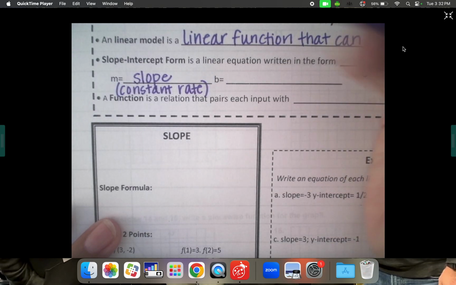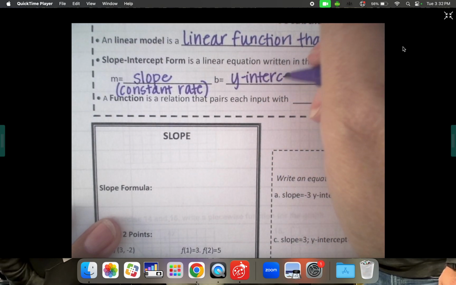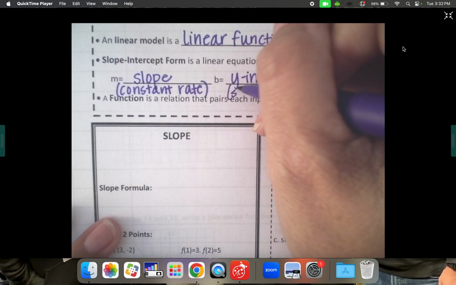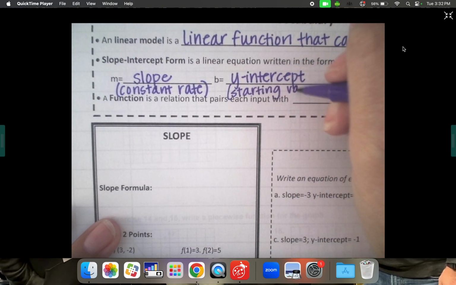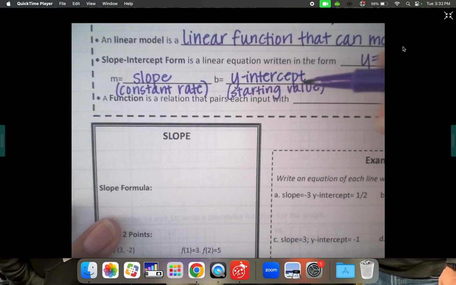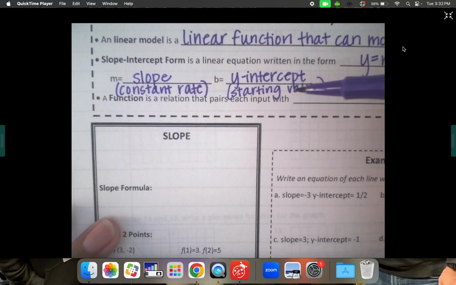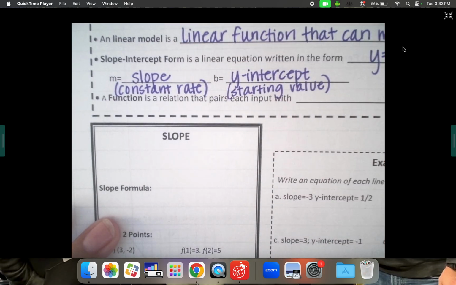The b is your y-intercept. Remember, that's where it hits the y-axis. And that is also your starting value. So if we say we started at a certain amount and then we earned however much per month, then your y-intercept is your starting value and your however much you earned per month is a constant rate.